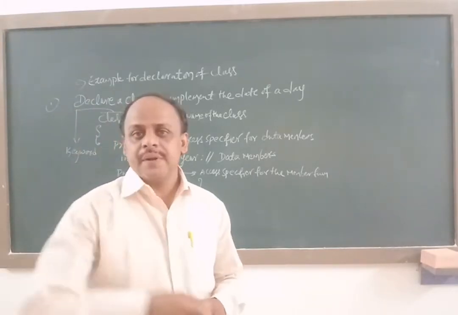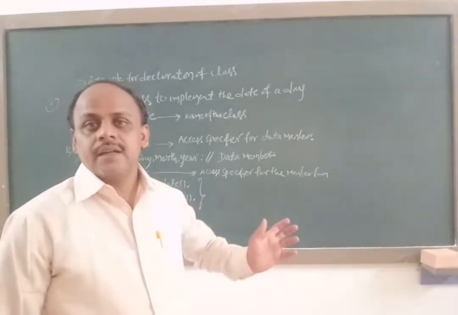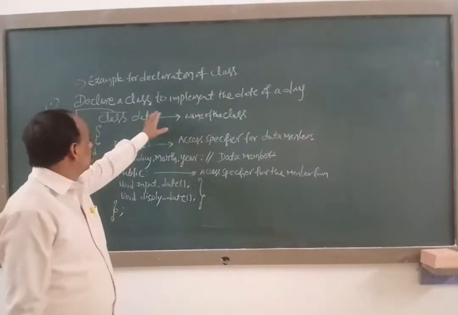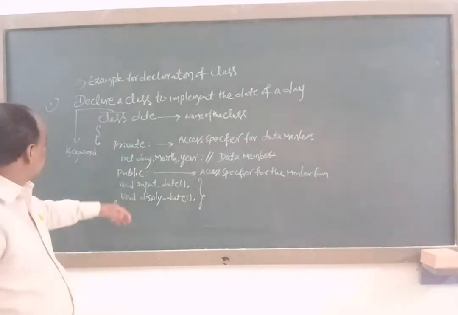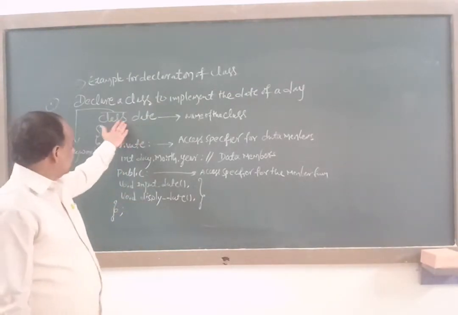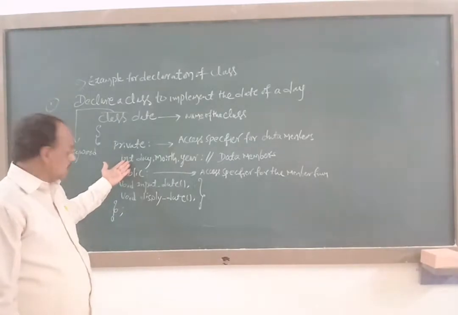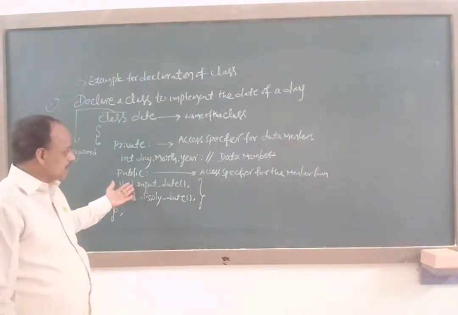So depending on our situation, we have to write access specifiers. Okay, simple thing. How to declare a class called date: class date, private data members, access specifier for member functions.